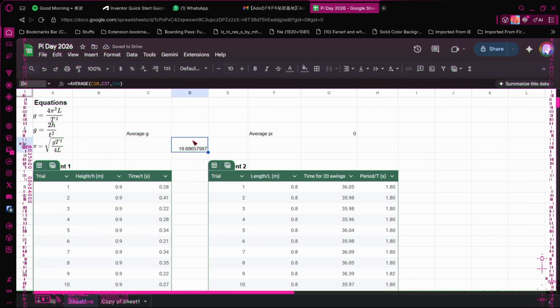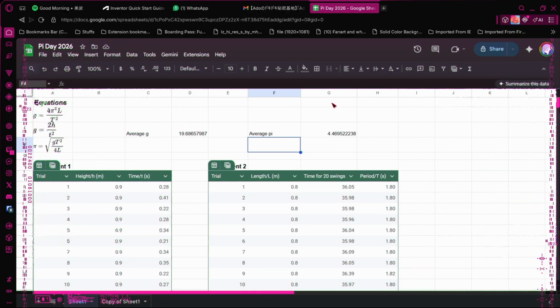Now what I'm going to do is move this over to here, and whatever pi value is, that will be our pi value for pi day. Moment of truth. Hey, it's close, it's very close. Oh my god, okay.